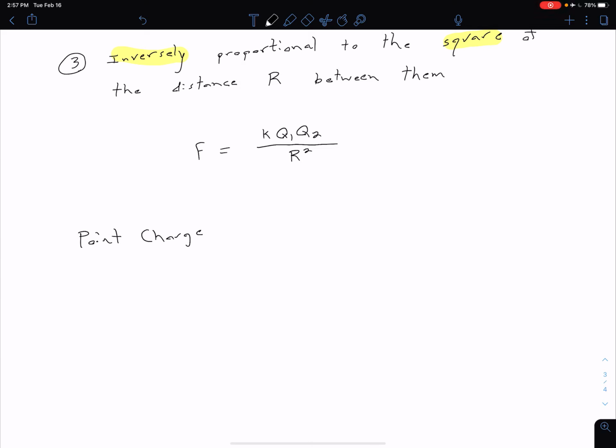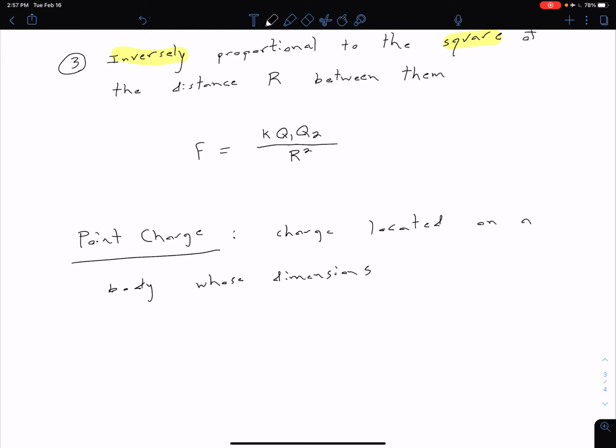Okay, so a point charge is essentially a charge on something that is really small compared to all of the other distances and dimensions that we're dealing with. So formally we can say that a point charge is a charge located on a body whose dimensions are much smaller than other relevant dimensions in the problem.